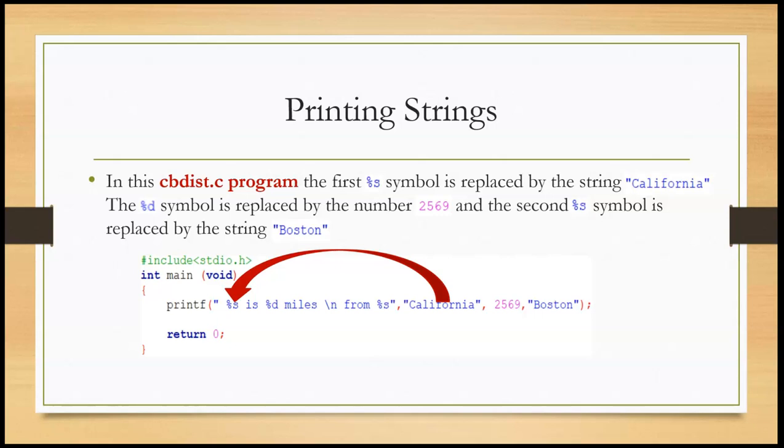As you can see, the string California is plugged into the format specifier %s in the format string. Similarly, the number 2569 is plugged into the format specifier %d in the format string, and the string Boston is plugged into the format specifier %s in the format string.